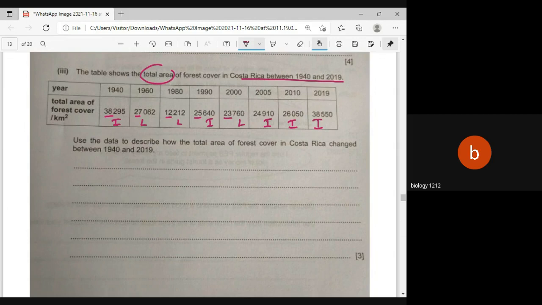Use the data to describe how the total area of forest cover in Costa Rica changes. Now this is very easy. Once you know the readings, you can say the third point very easily: from 2005 to 2019 the total area in Costa Rica is increasing.